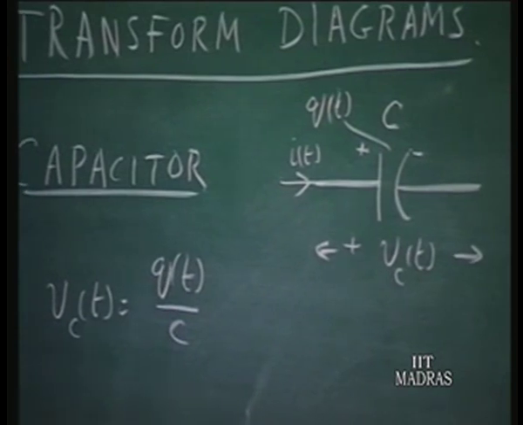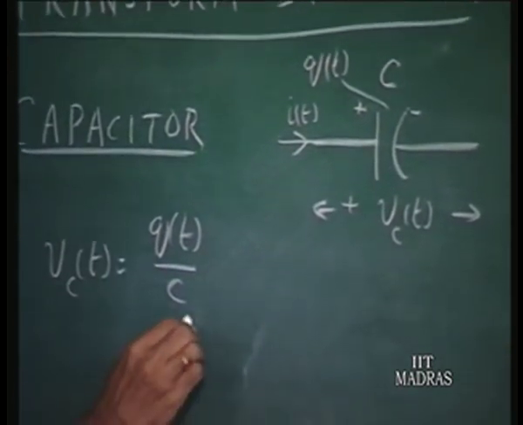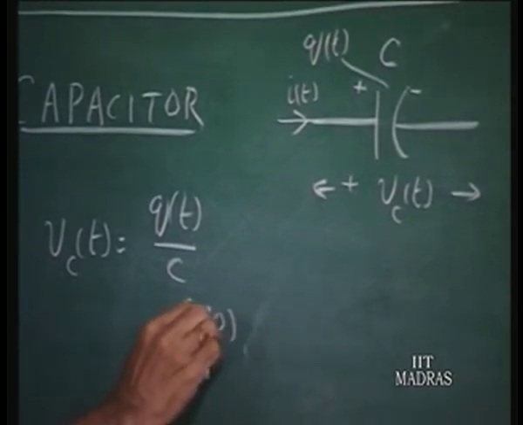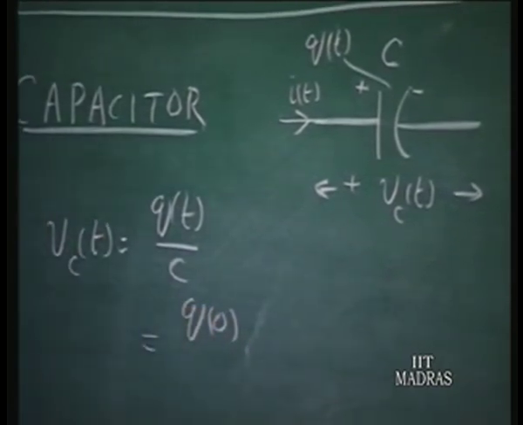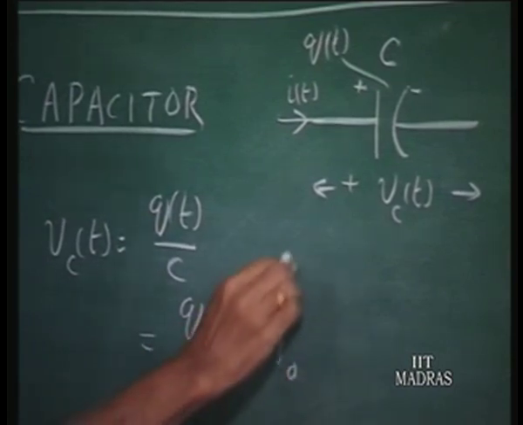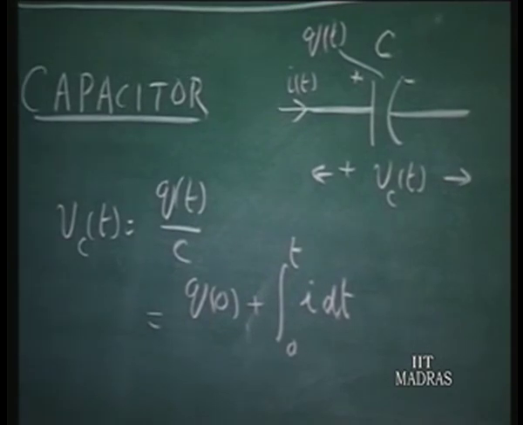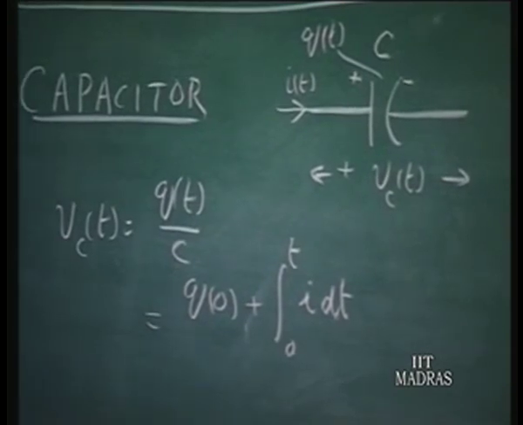We can write this Q of t over C as the initial charge on the capacitor at time 0 plus the extra charge that has been deposited on the capacitor plates in the interval from 0 to t. So 0 to t of I dt, that is the additional charge on the capacitor in the interval from 0 to t.